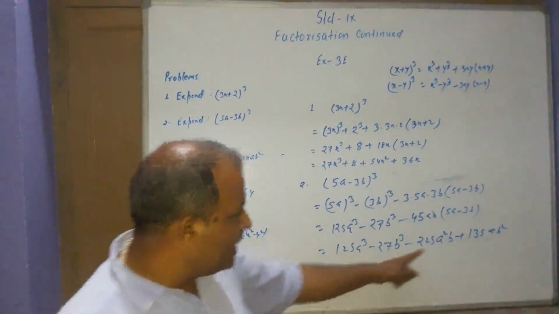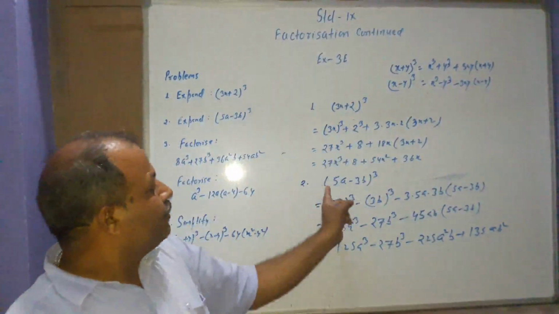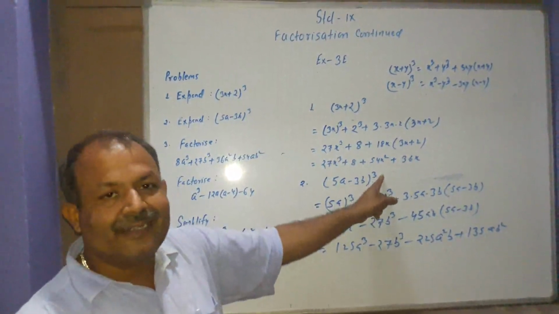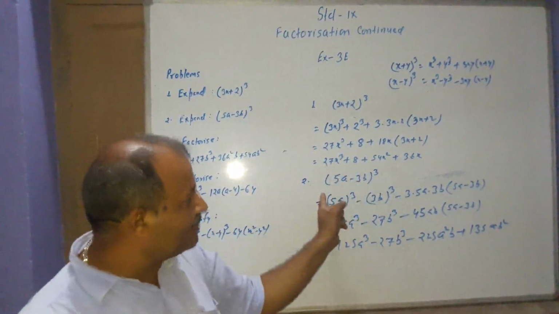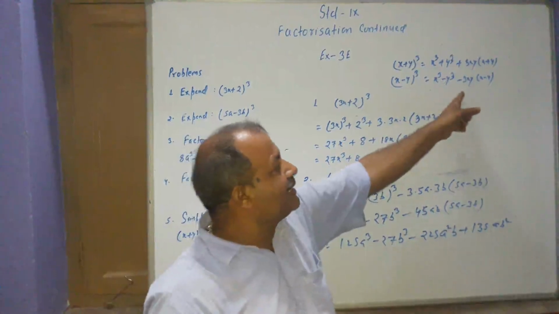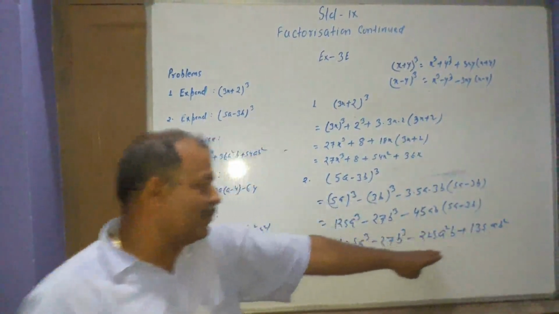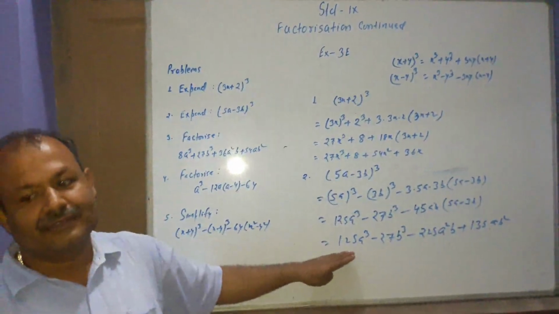This is the expansion of (5a minus 3b) cube. On expanding this by using this identity, we find the expanded form.